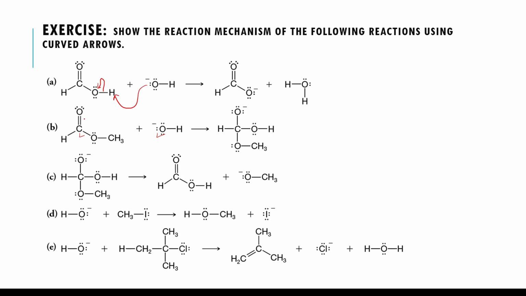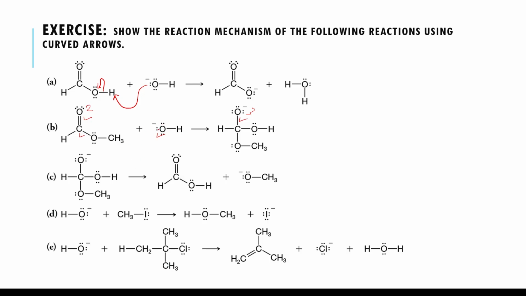Second thing, if you check this pi bond, it's not anymore here in the product. What's happening? There is now a single bond, sigma bond, and oxygen has three lone pairs instead of two lone pairs. That's right here. So what's gonna happen? We can summarize.